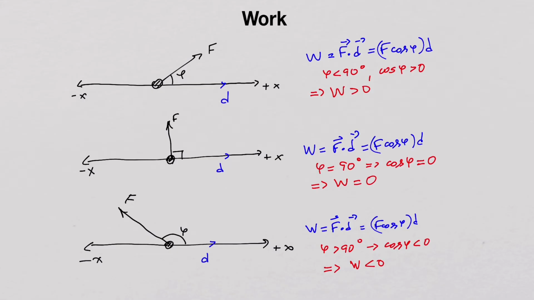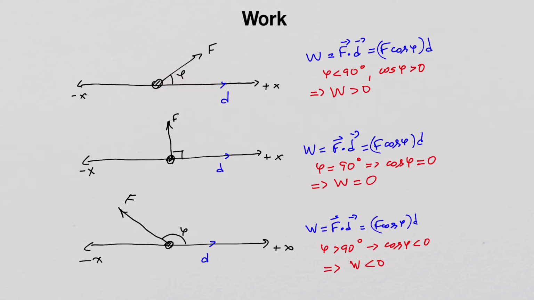Let's look into the signs of work depending on the orientation of the applied force and the direction of the displacement of the object. In the first example here, I have my bead moving to the right under the action of this force F. The force makes an angle phi with the displacement.